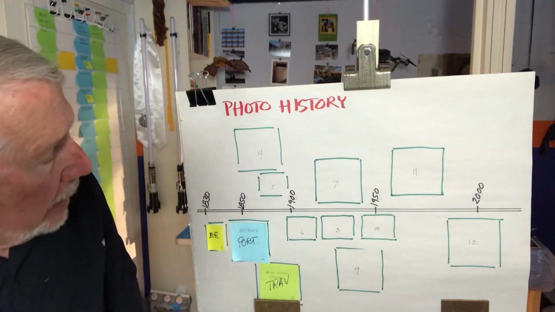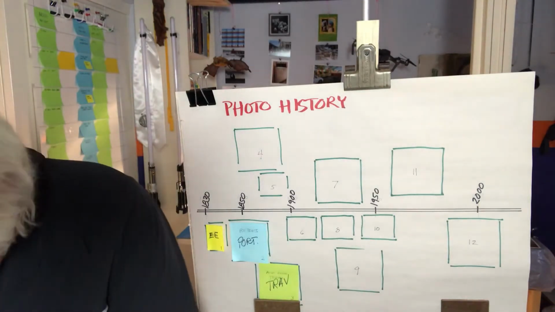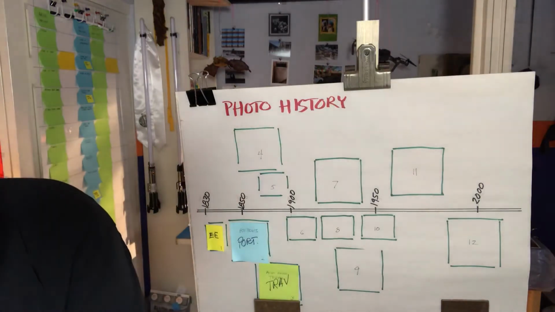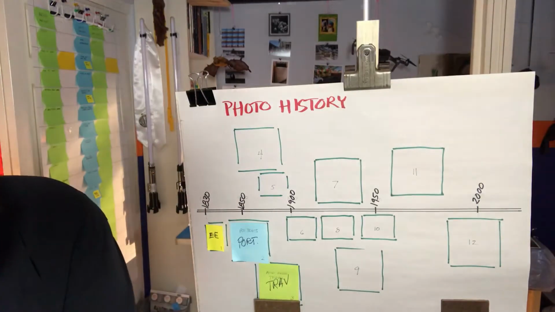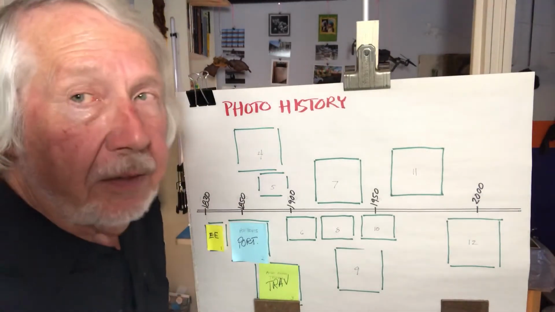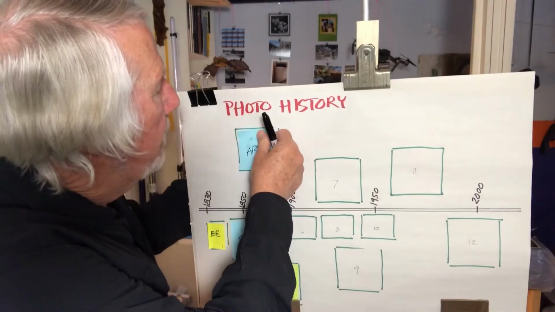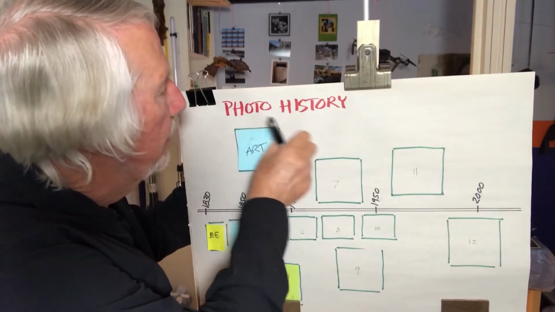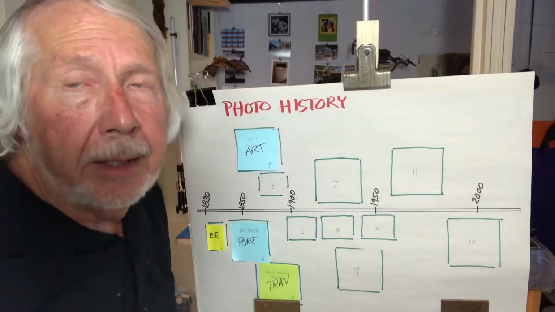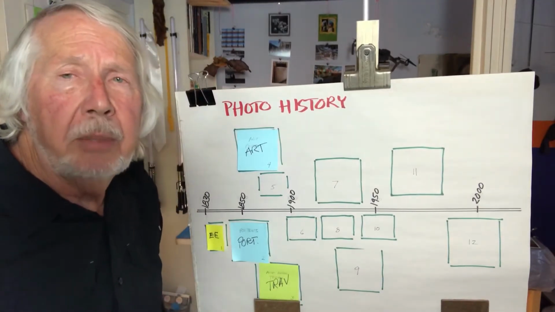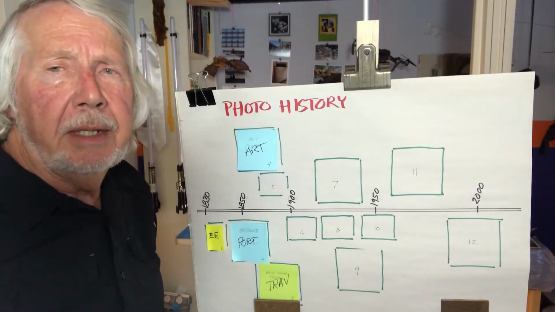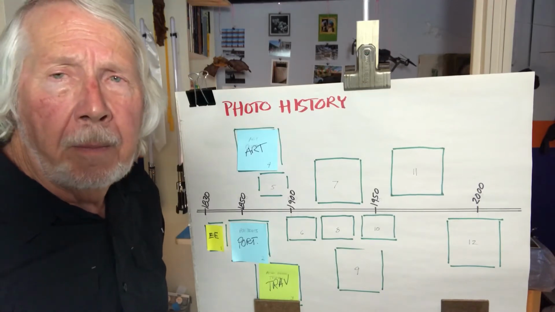But we have art coming up next, and photography had a hard time being accepted as an art form. There were many art museums that would not put a photograph in the art museum.